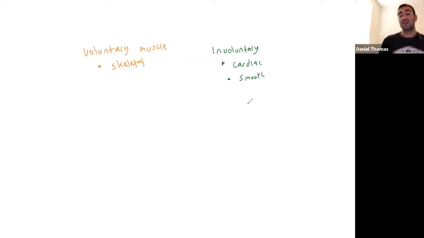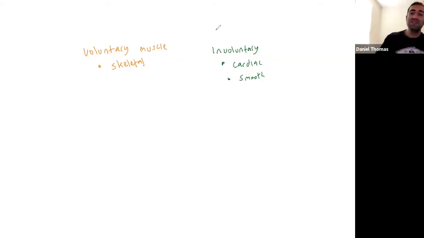We have smooth muscle in the intestines, which is responsible for moving and constricting. Kind of hard to describe the function of the stomach and the intestinal tract. They squeeze, they twist, they squeeze more.